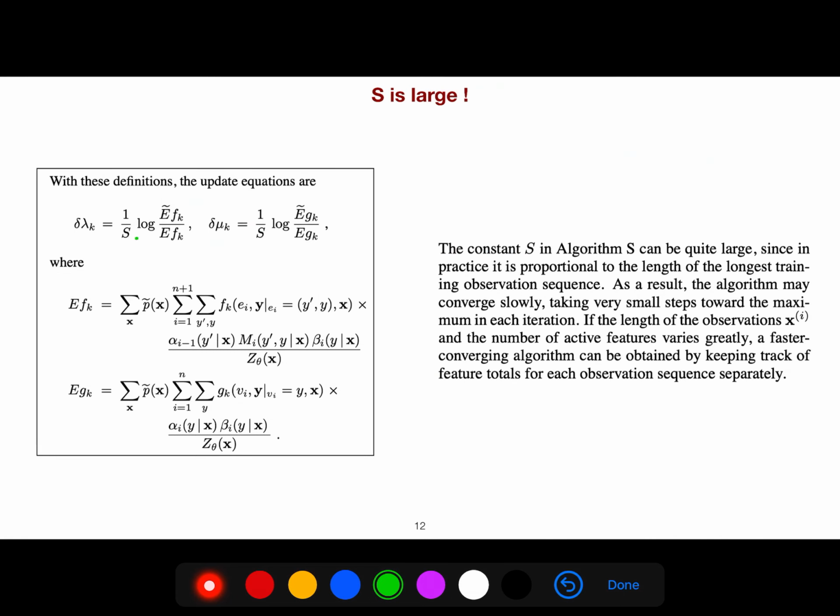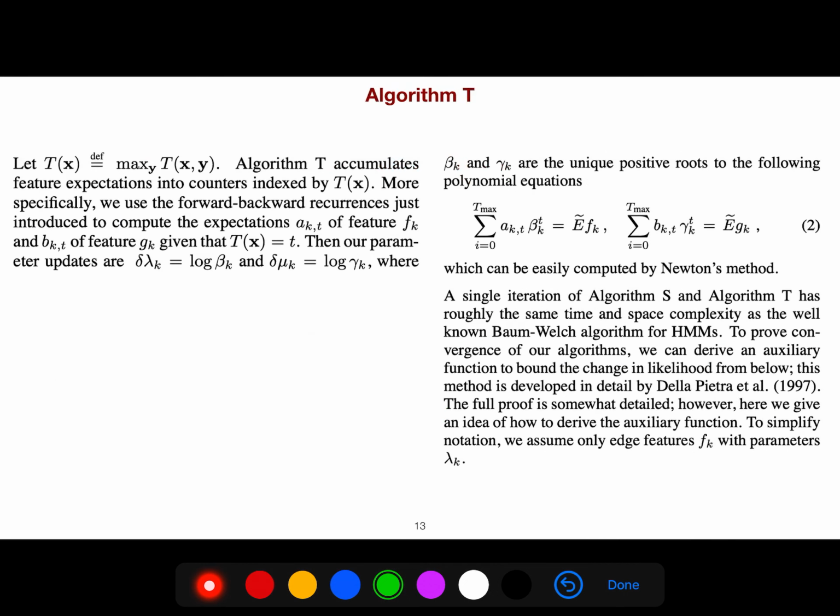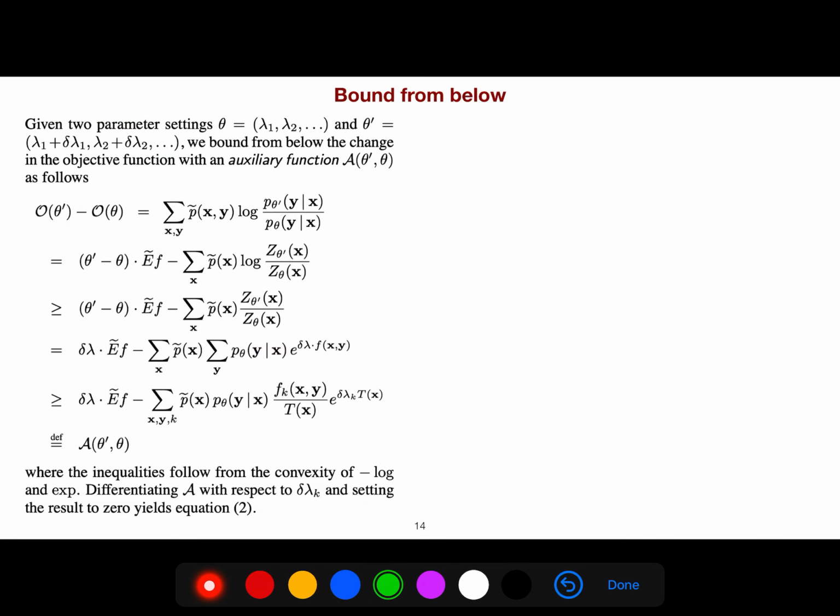Here S is large, so that's why it takes time to converge. It may converge very slowly, taking very small steps toward the maximum. And the algorithm uses T as the maximum of T of x and y. These are variables just as we defined in the previous lecture. They are the same thing.